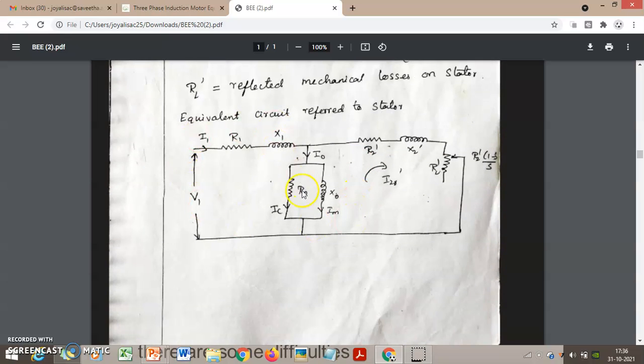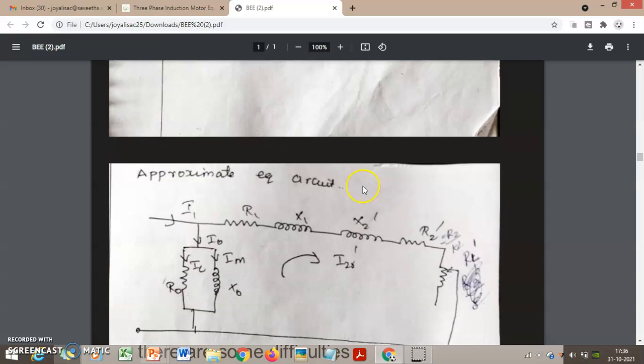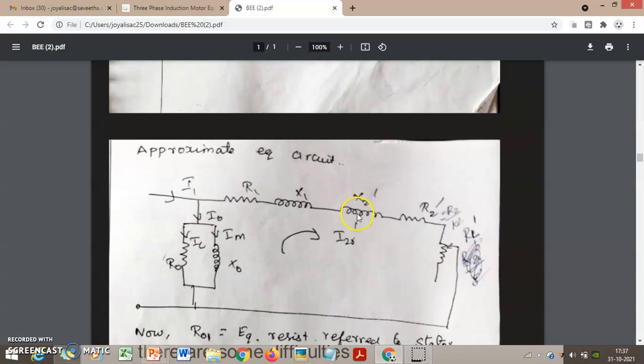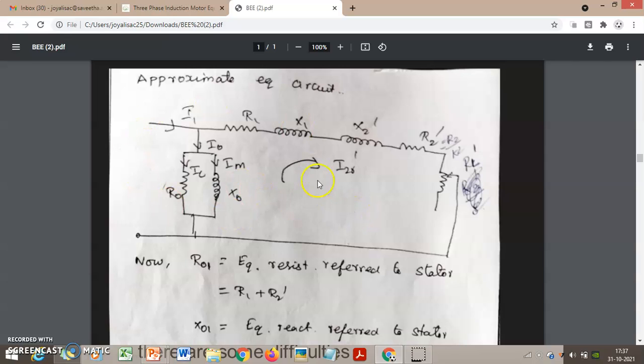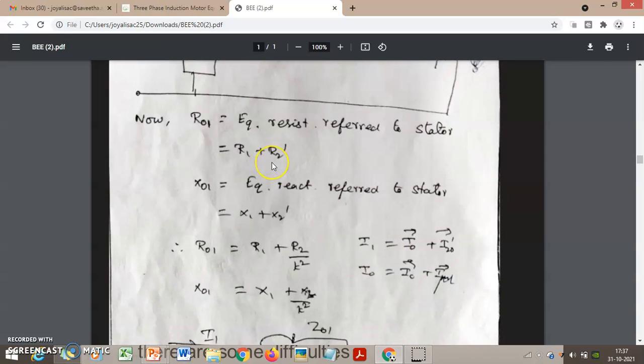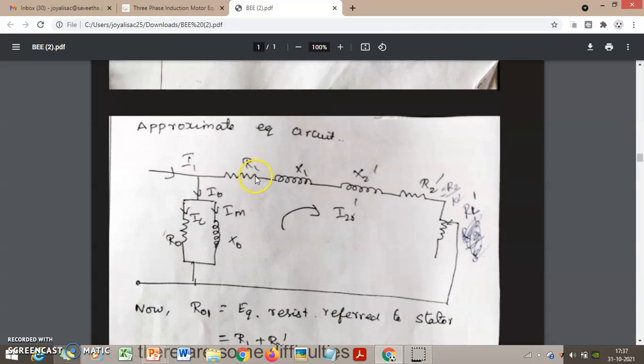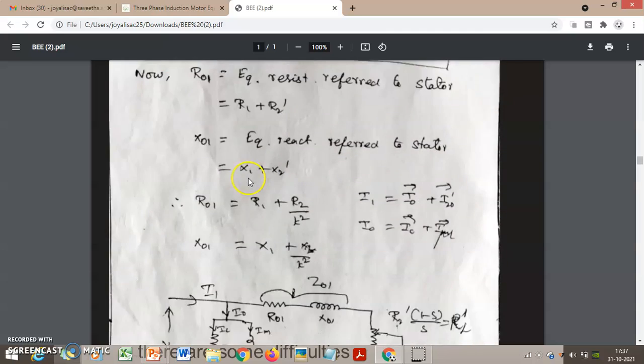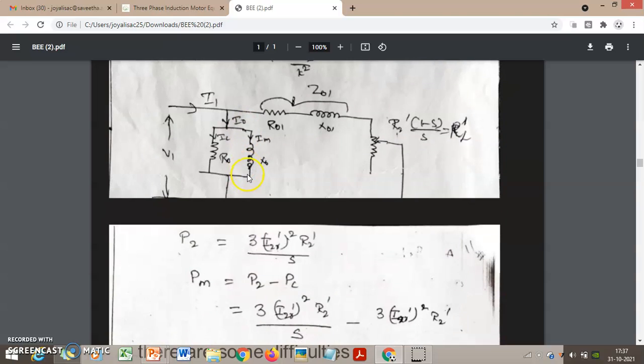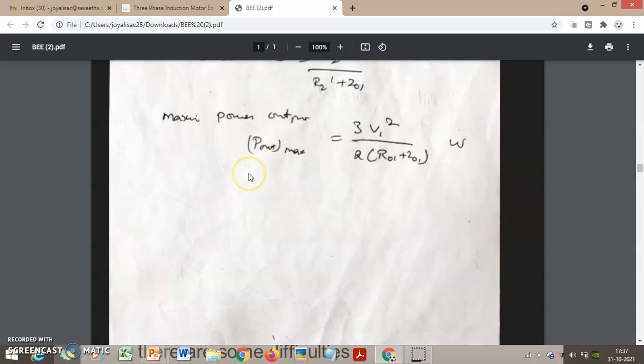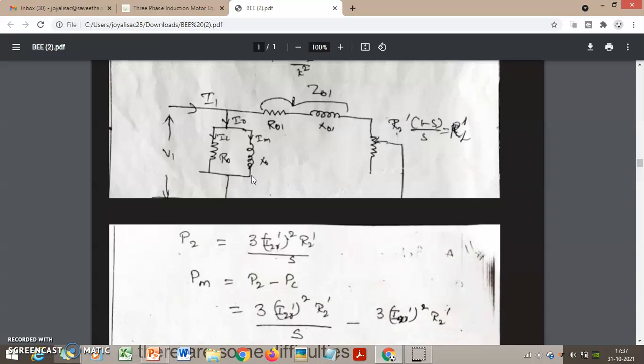I am taking everything of the rotor to the left side, introducing dash with all the components and combining it. If I want to take the stator side to the rotor side, I have to introduce all the stator components with dash. So R1 becomes R1 dash. Everything on the stator side should have dash when taken to the rotor.